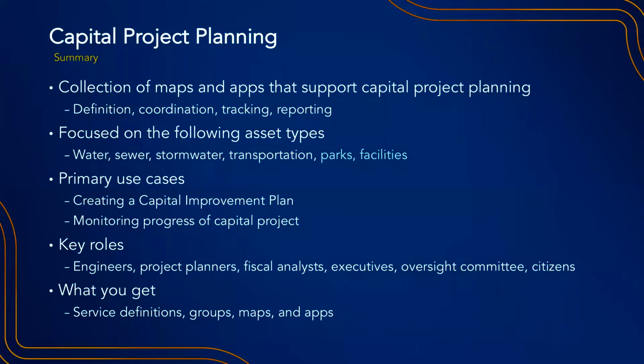While today I'll probably focus on one specific asset type, water distribution, let's say, you'll see that the solution is flexible to support any asset you have in your community. We're focused primarily on water, sewer, and stormwater, and even transportation infrastructure, but you could certainly apply these same principles to physical assets that you maintain in the parks or facilities in your community.